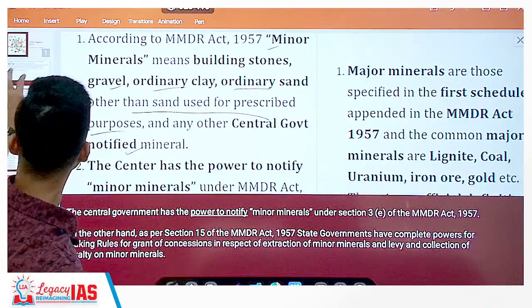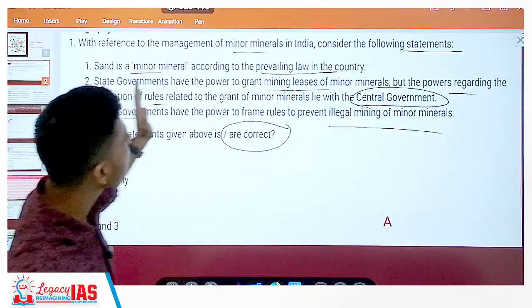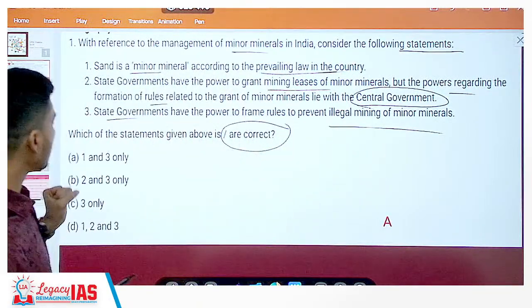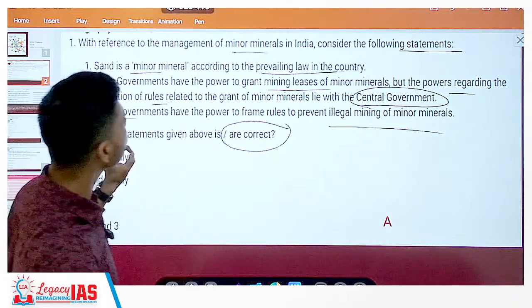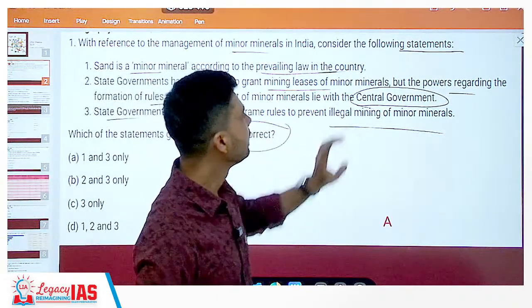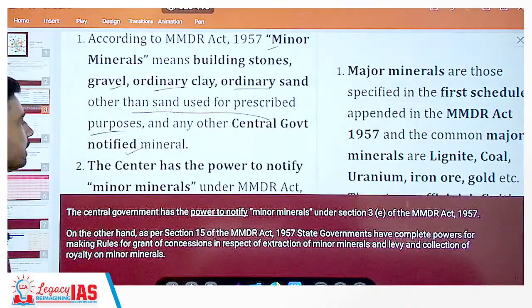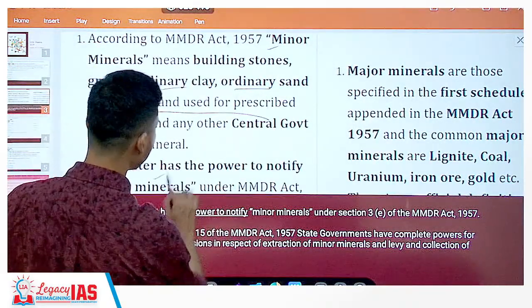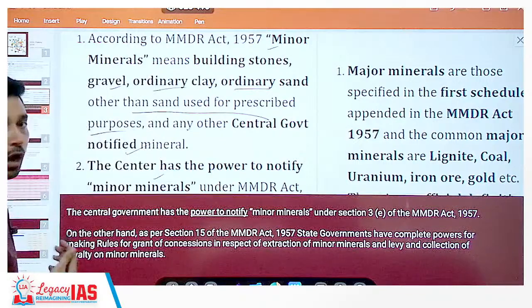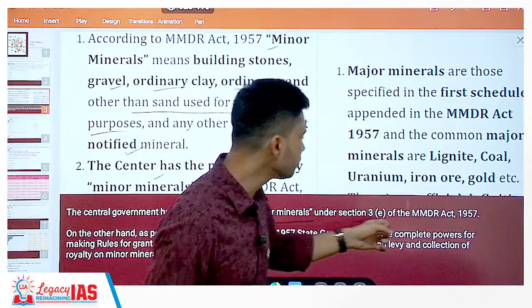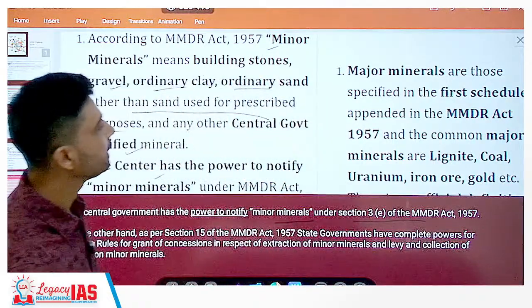The second statement that is given here is, the state government has the power to grant mining leases of minor minerals, but the powers regarding the formation of rules related to the grant of minor minerals lie with the central government. So, again if we take a look here, the central government has the power to notify minor minerals under section 3E of the MMDR Act 1957.